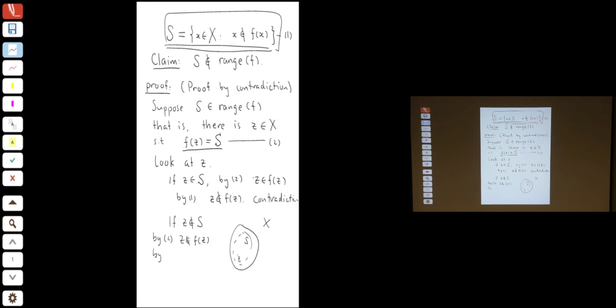By 1, z is not in S, so z cannot satisfy the condition in the curly bracket. So z is not a member of the set, so z is in f(z). Also a contradiction.